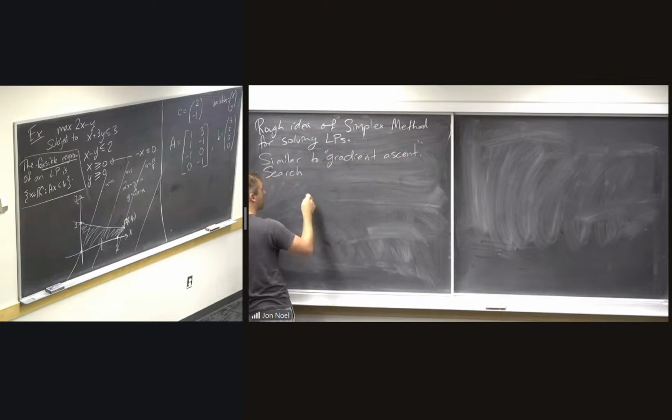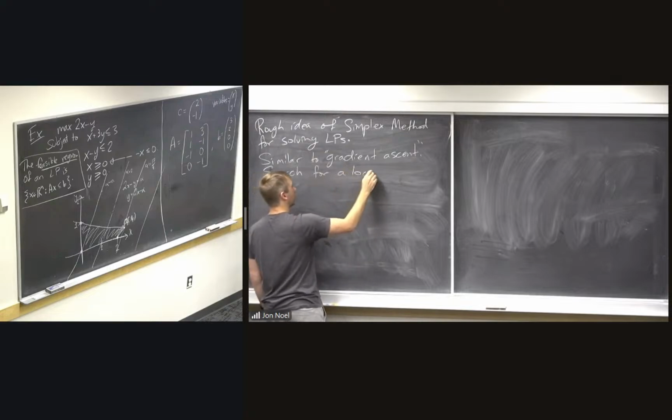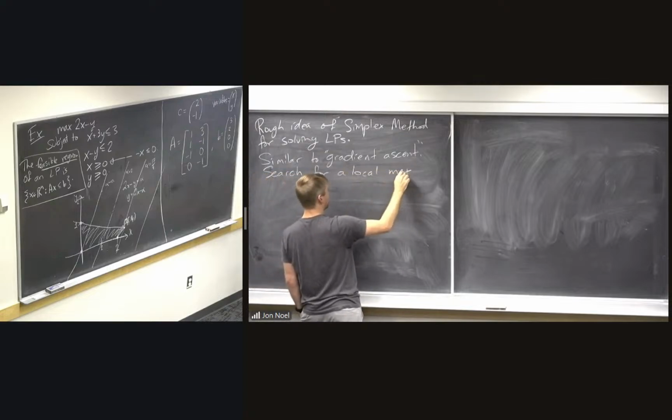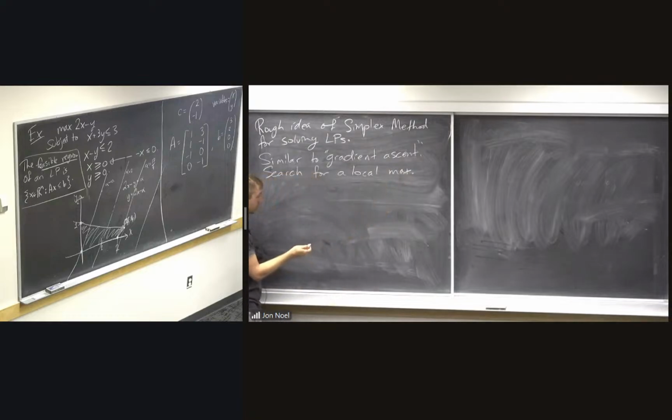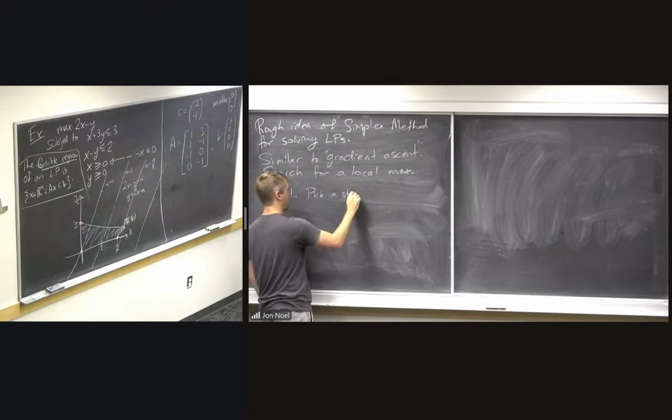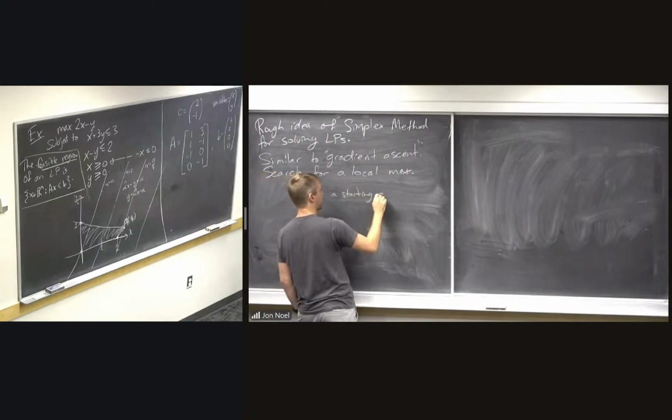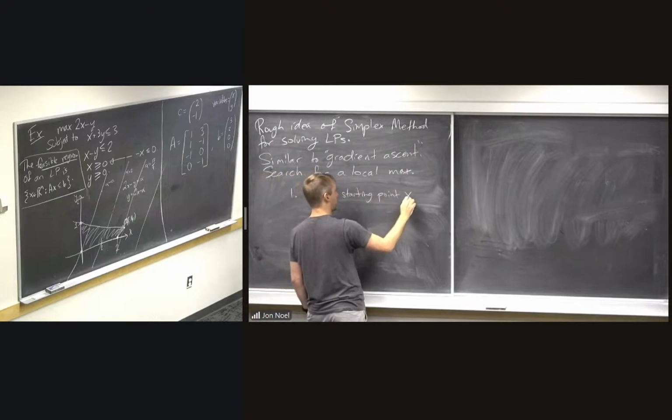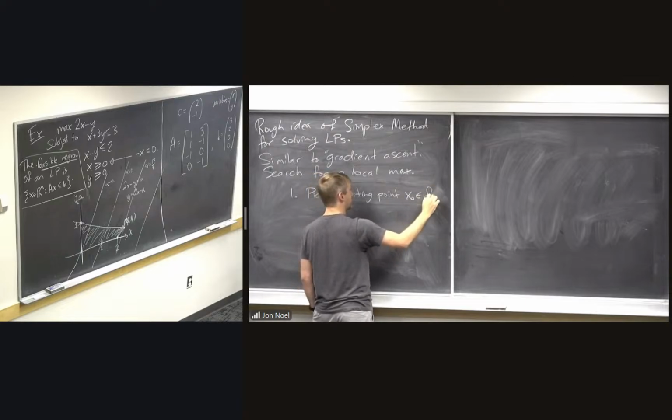So let's search for a local max, which will turn out to be a global max. So basically the idea is like this. Pick a starting point x naught in the feasible region.